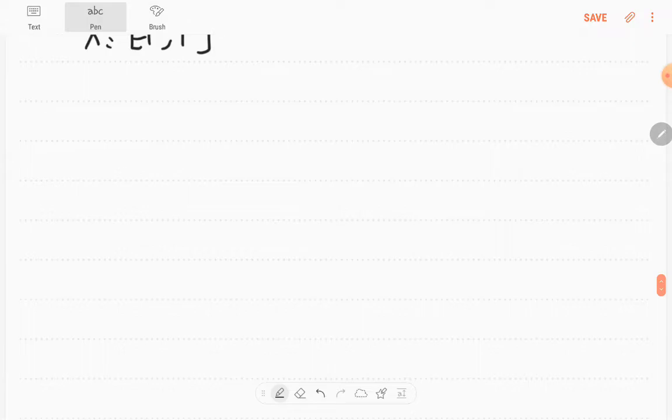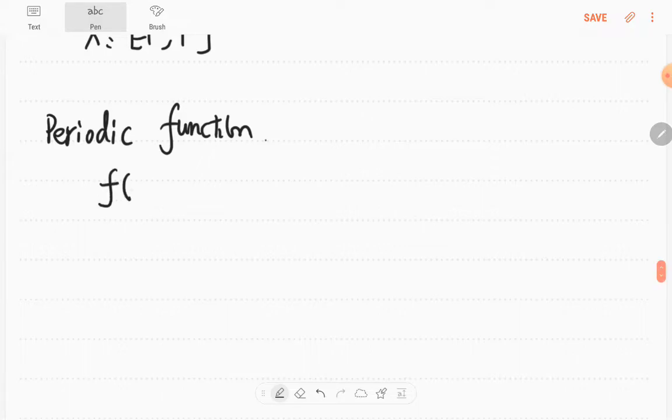And we also have another property for the trigonometry functions, which is called the periodic function. So now let's look at the general case for the periodic function. We say that for a function f, f of t plus c is equal to f of t, where c is greater than 0, then we say this function is a periodic function.